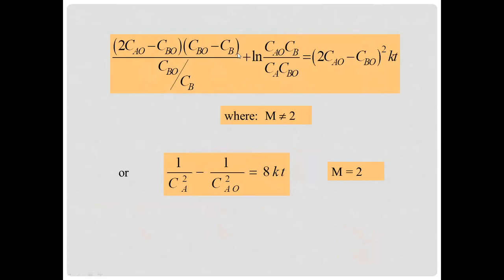So you have this formula on top. This is copied from Levenspiel for M not equal to 2. If M is equal to 2, this will be your formula relating concentration of A after some time for case 2 under trimolecular or thermolecular reaction.